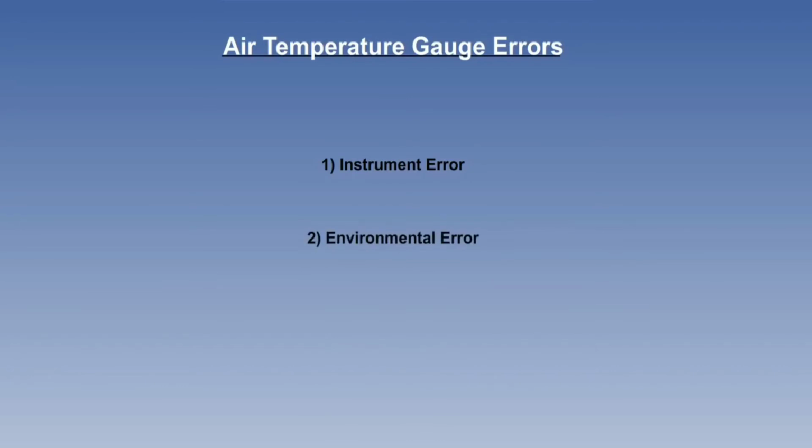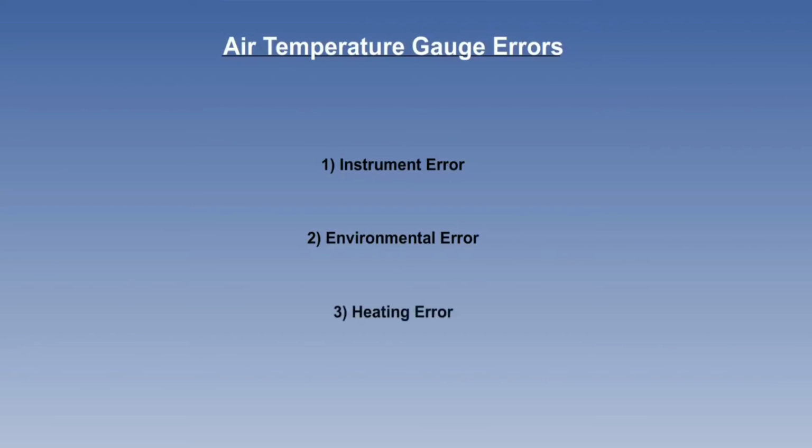This error can occur as a result of solar heating of the temperature sensor. Direct reading thermometers in particular can be vulnerable to this type of error. Solar heating can be reduced by shading, which happens in a remote detector. Icing is also an environmental error.